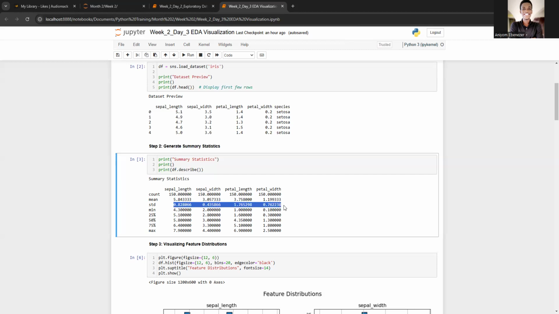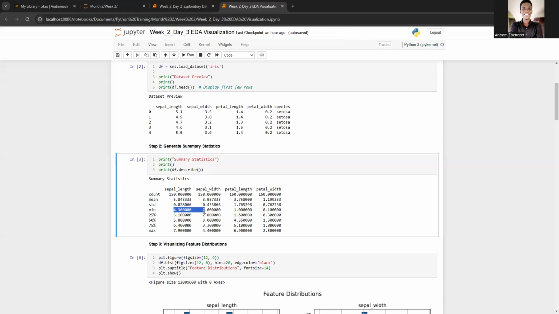So if you look very closely, you realize that the data is actually within the range of 0.4 to 1.8. So it's within the range. So I don't think we should be expecting any extreme value. So this table helps you to begin to understand the distribution of your data.